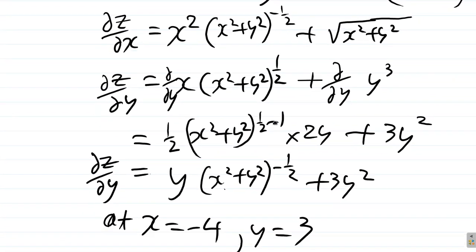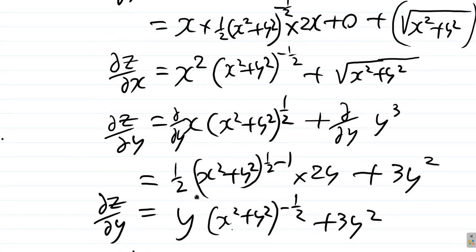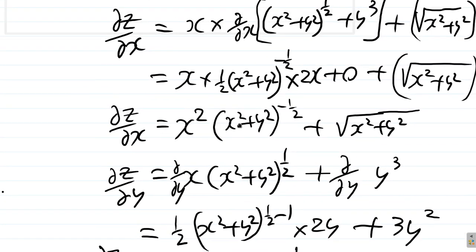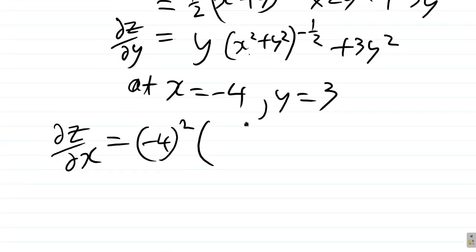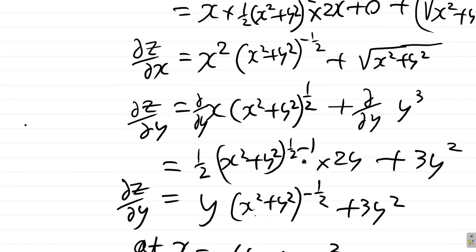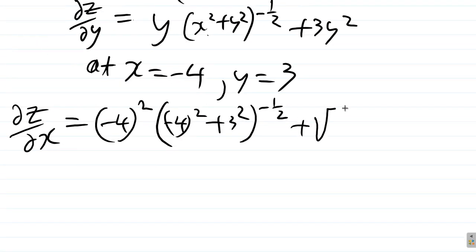Partial z by partial x would be equal to x squared, that means negative 4 squared, times x squared plus y squared to the negative half, so it will be negative 4 squared plus 3 squared to the negative half, plus the square root of x squared plus y squared, plus the square root of negative 4 squared plus 3 squared, right?